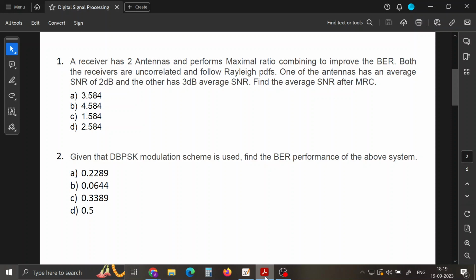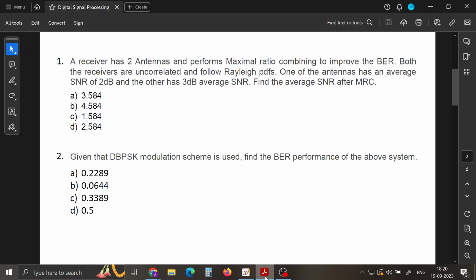Again, this was discussed in the lectures, right? So you should be familiar with the formulas. In this case, we will try to use the idea of the moment generating function. Remember, for finding the bit error rate, we evaluated the moment generating function at s equals to -1, with a factor of half as a scaling factor.